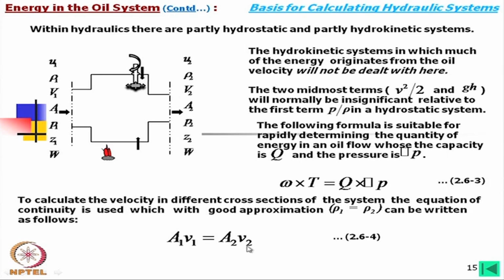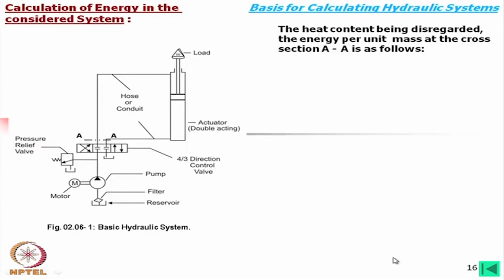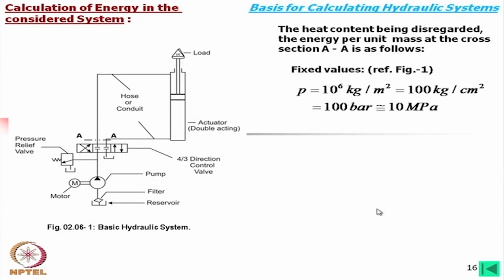Whatever the area, the velocity will increase accordingly. This is the continuity equation. Now, if you would like to calculate the energy, disregarding the heat content, we can calculate the energy per unit mass at the cross section A1 in this way.